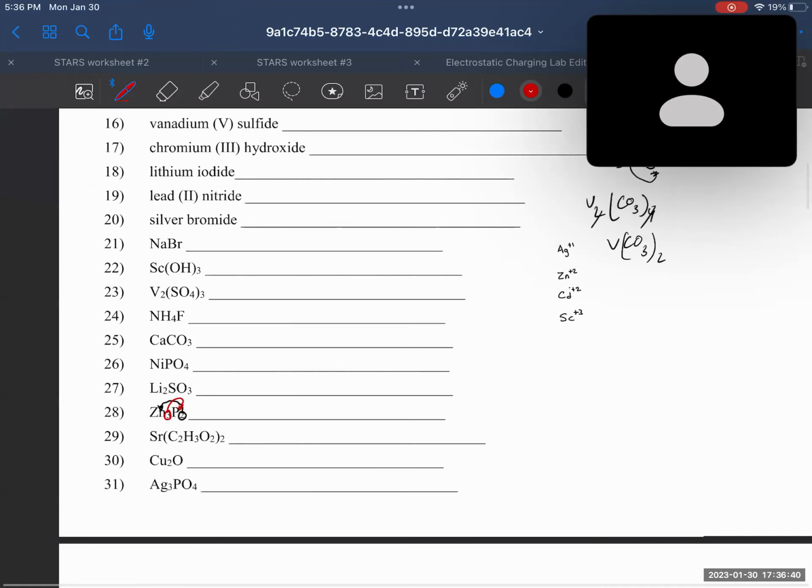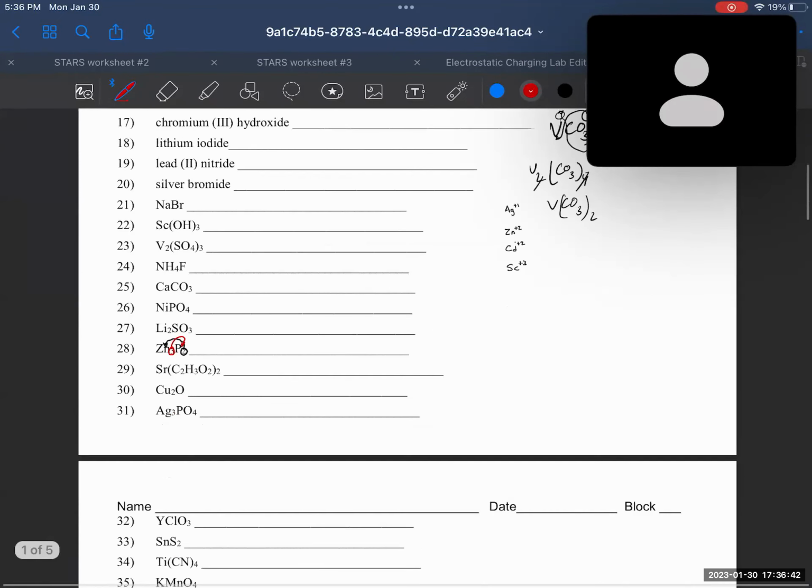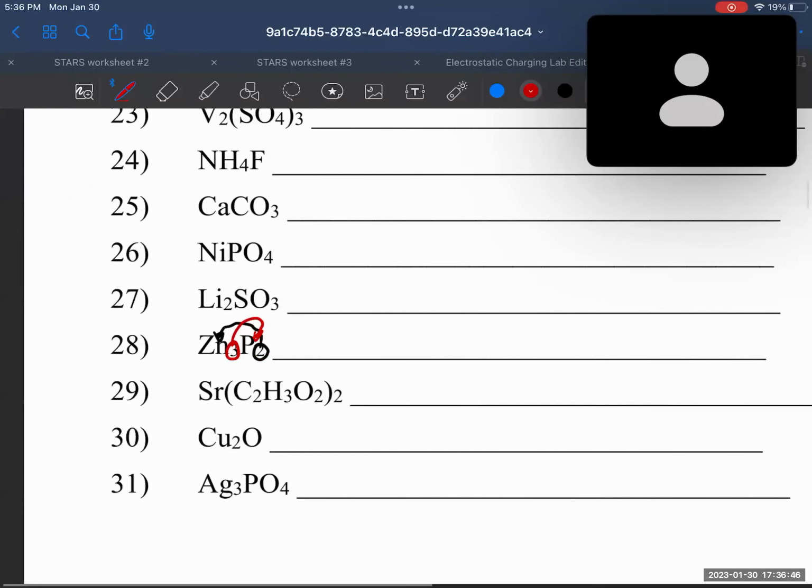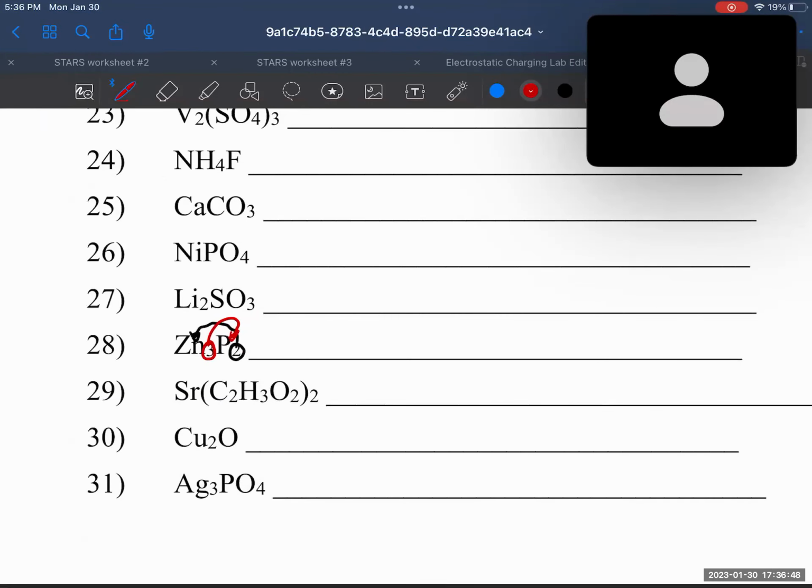This one you'd actually give the name, not write the formula. I know that's kind of confusing, but the 3 must have come from the phosphorus and the 2 must have come from the zinc. So the way we solve it out, we get zinc phosphide. That'd be the name of that.